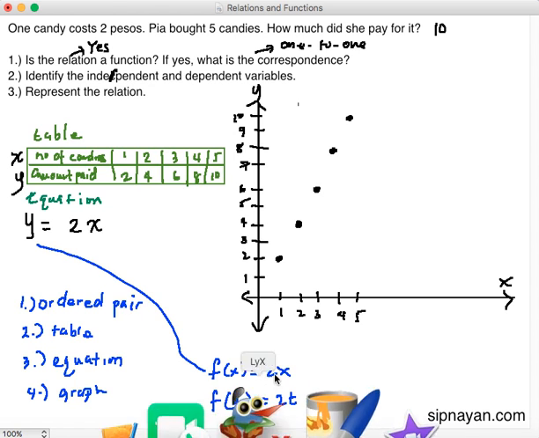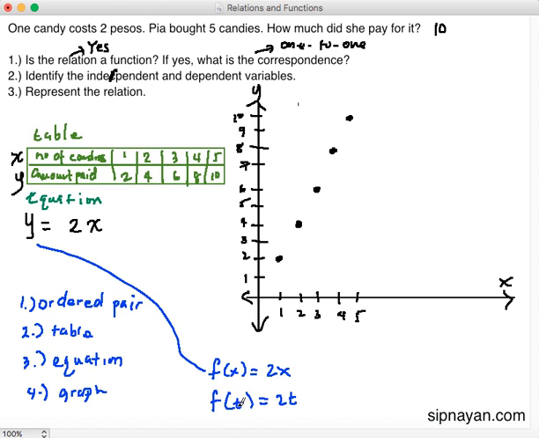So, depende sa gagamitin yung independent variable. Yung f, minsan napapalitan din siya g or h. So, g of x equals 2x or g of t equals 2t. So, depende kung ano yung gagamitin nyo dapat dito rin. Ganun yung notation ng function. Ang f of x at saka y, pareho lang ang ibig sabihin niya in this context. So, h of x equals 2x.